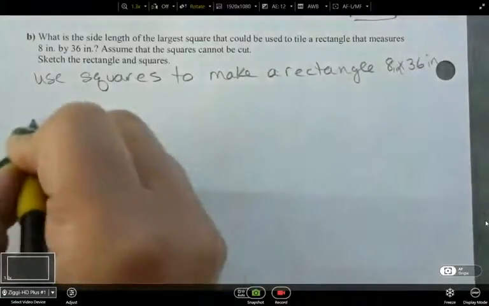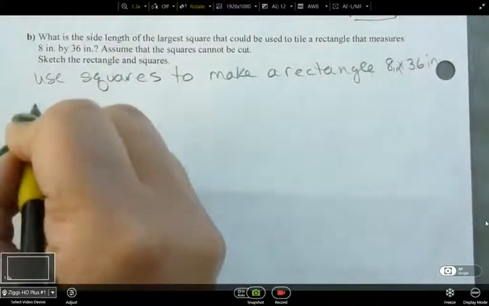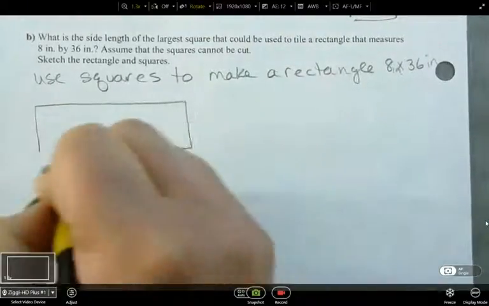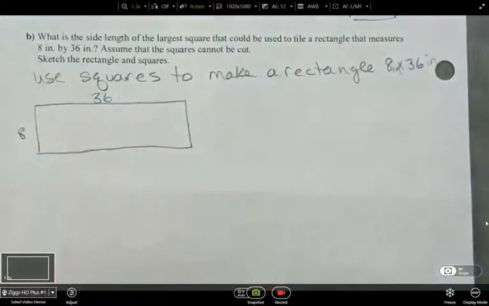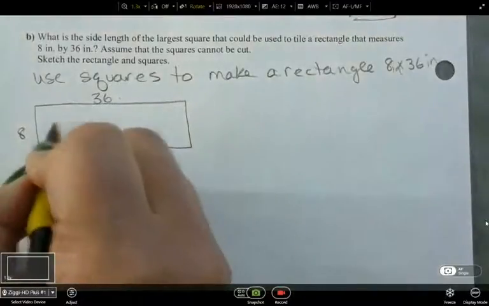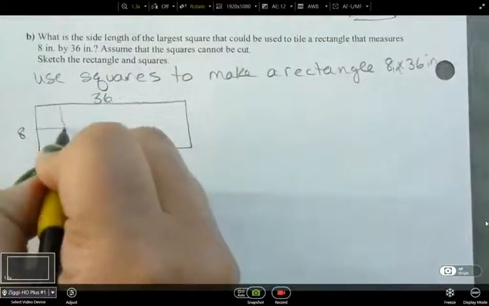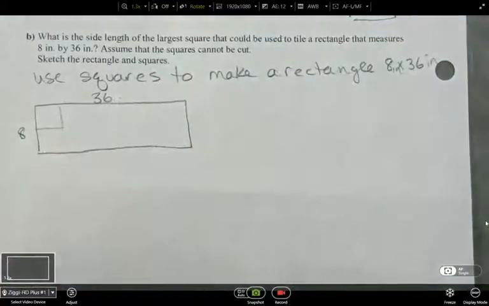Well, see here, this one, you want to end up with an 8 by 36 rectangle. And you have to use squares to fill it up. So what size of square can you use where you won't have to cut anything?